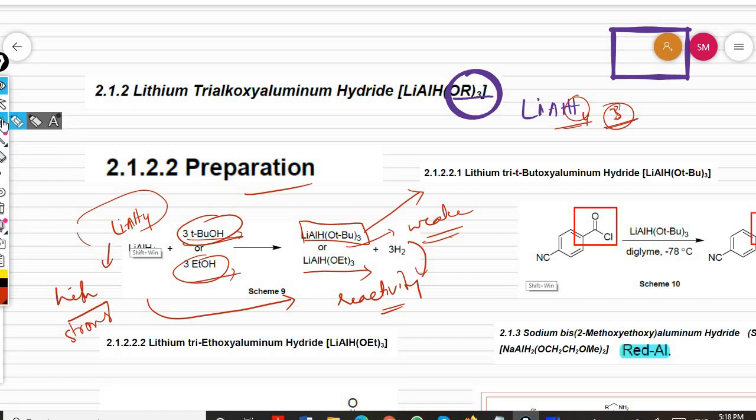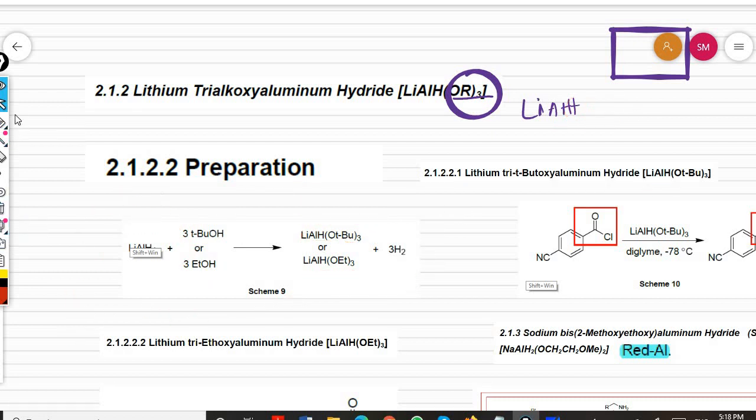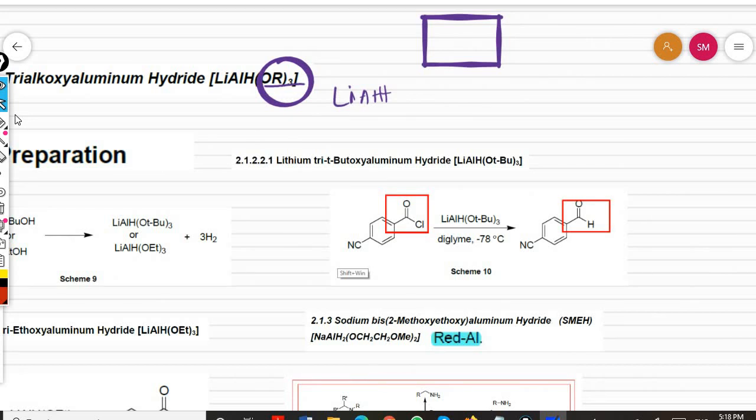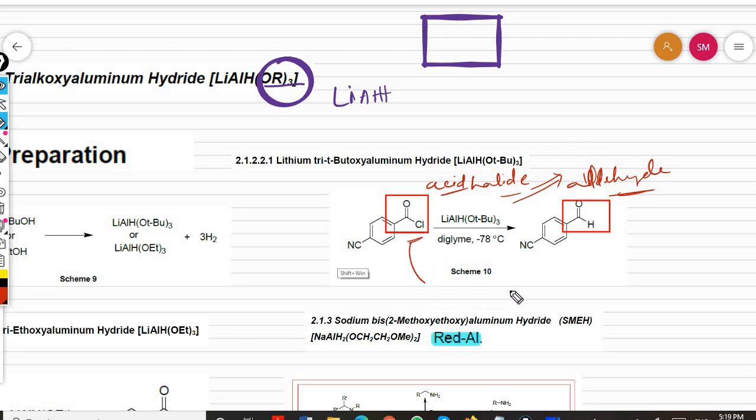Now with less reactive reagents like lithium tri-tertiary butoxy aluminum hydride, you can comfortably convert acid halides into aldehydes. These specific reagents are very important so that you can convert the acid halide into the aldehyde rather than the alcohol.